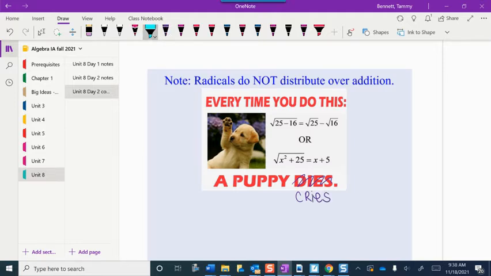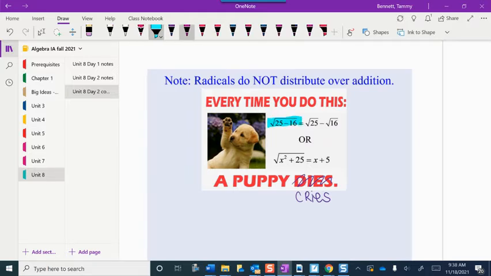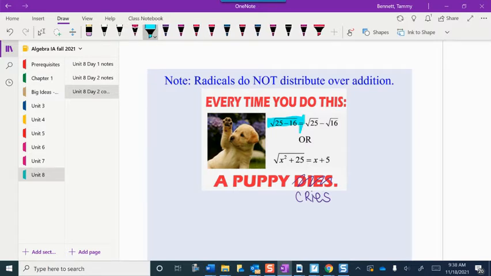All right, so every time you do this, the square root of 25 minus 16 does not equal the square root of 25 minus the square root of 16. Because the square root of 25 minus 16 would be the square root of 9, which is 3. So square root of 9 equals 3 on this side.